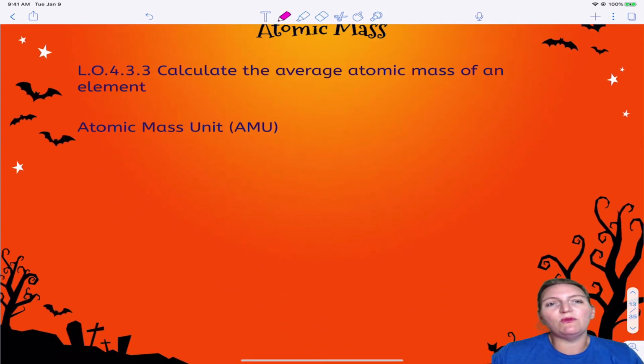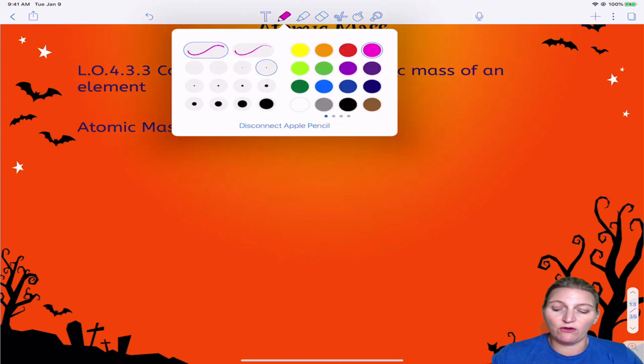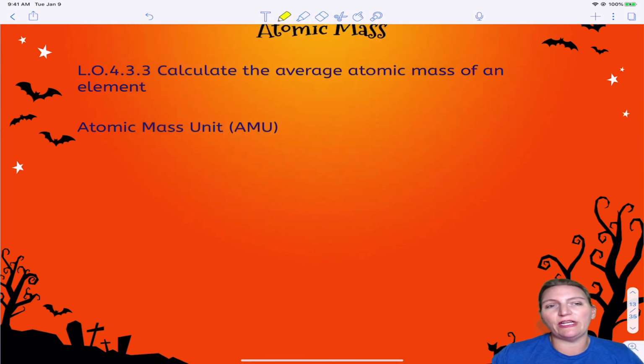And we're going to move on to talking about that number that we see on the periodic table, the average atomic mass. That's our last learning objective for this chapter. So the first thing that we need to review, which we looked at earlier in the chapter, is what this atomic mass unit is.